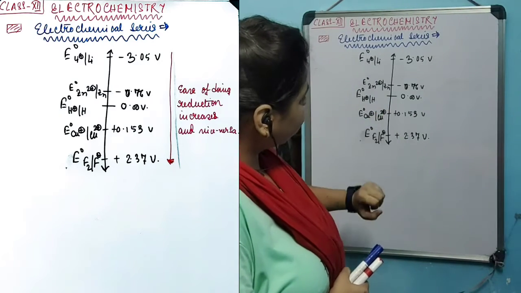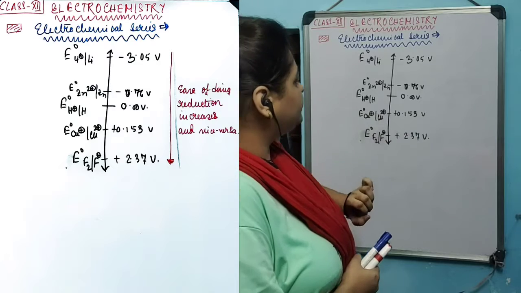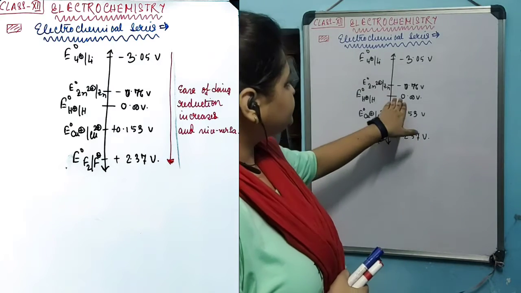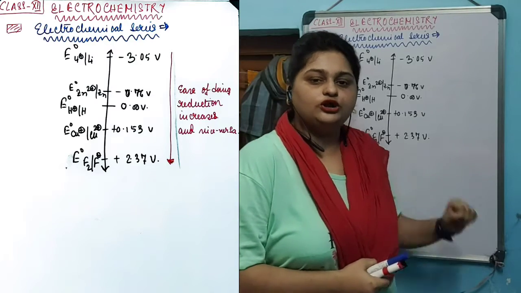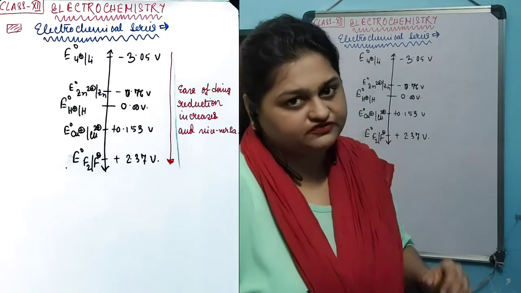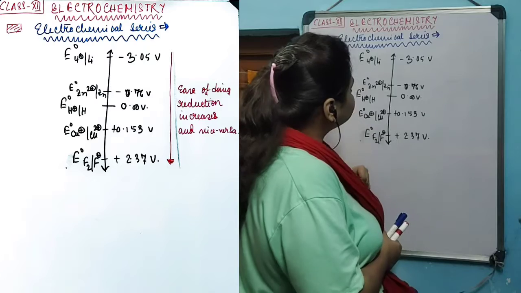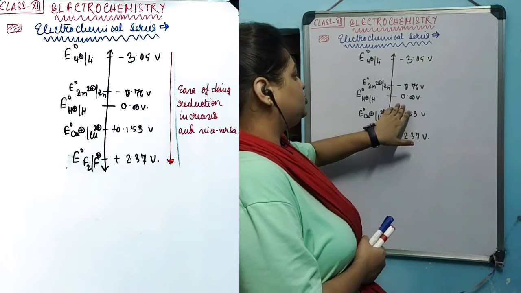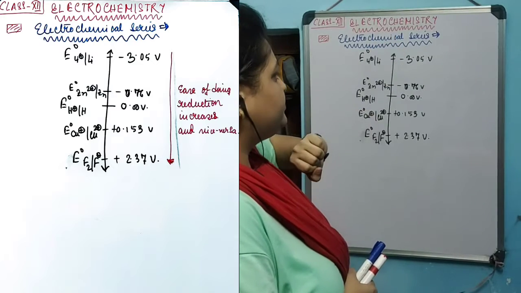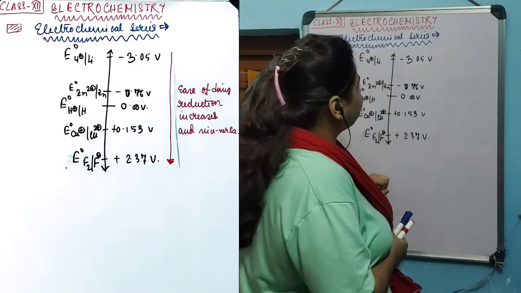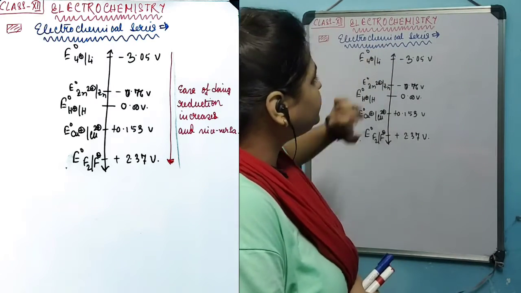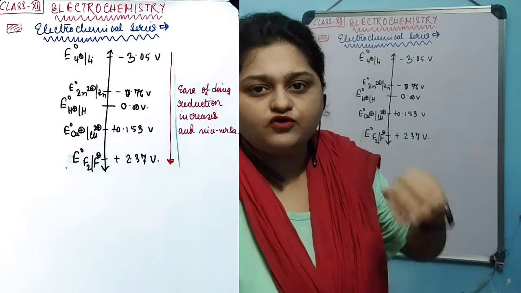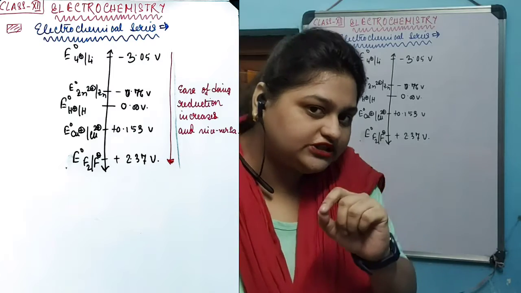As you can see from these two examples that I have written, both of them are placed below the standard 0 volt and both represent positive values. The same is true for values above the standard 0 volt. The two values I have represented both have negative electrode potential values and have been placed above the 0 value.